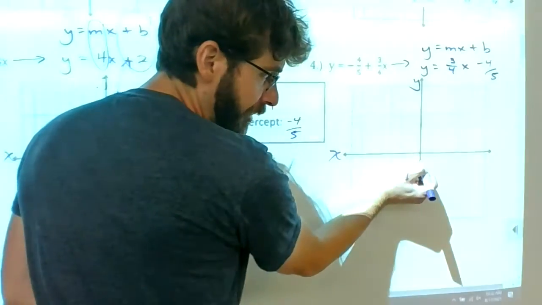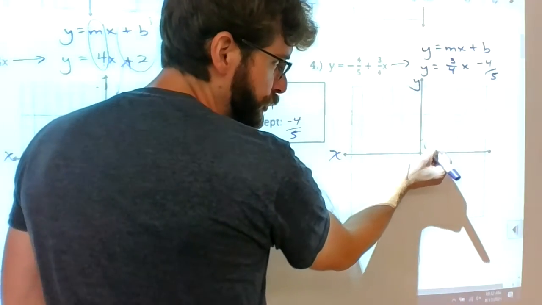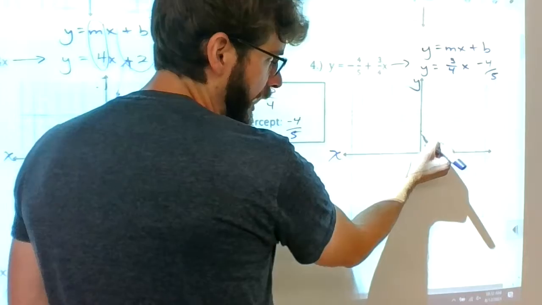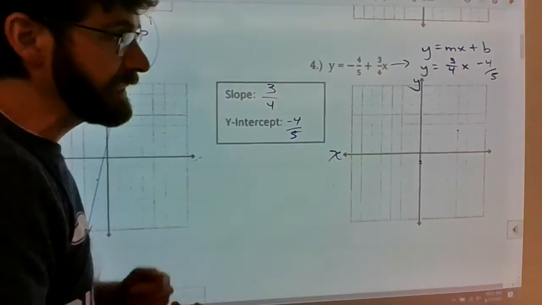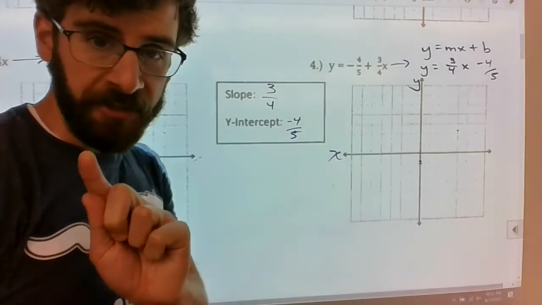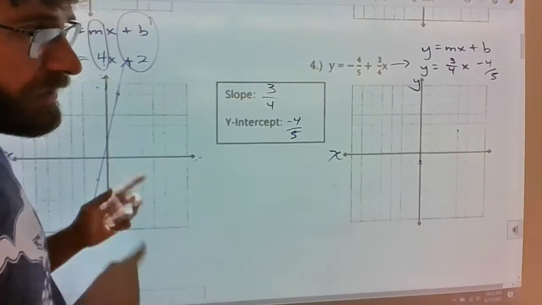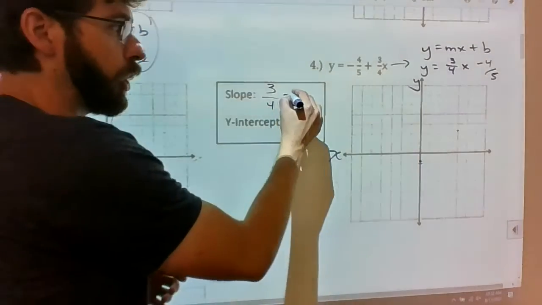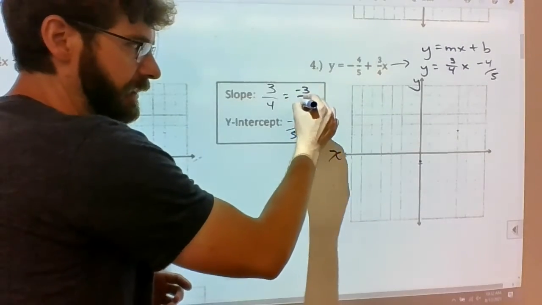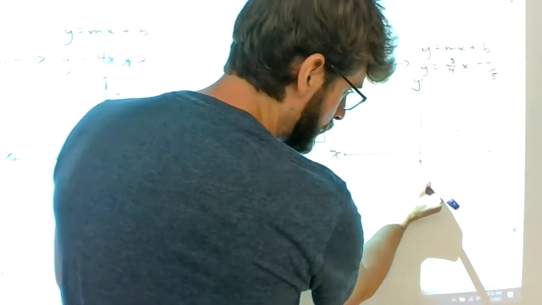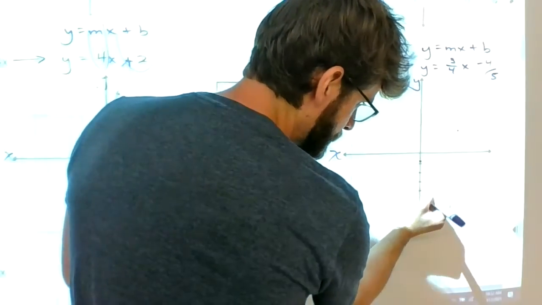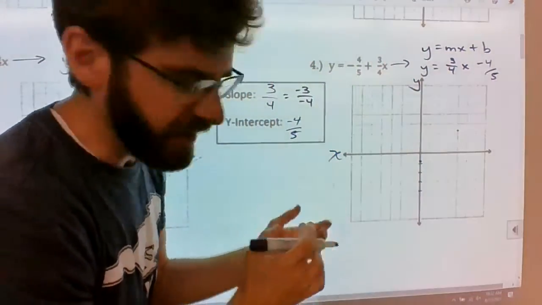And then from there, I'm going to go up 1, 2, 3 units and right 1, 2, 3, 4 units. And then using the same trick that I did on the previous example, if I run out of room, I can go down 3, left 4. I'm going to put some marks in there because it's kind of faded.